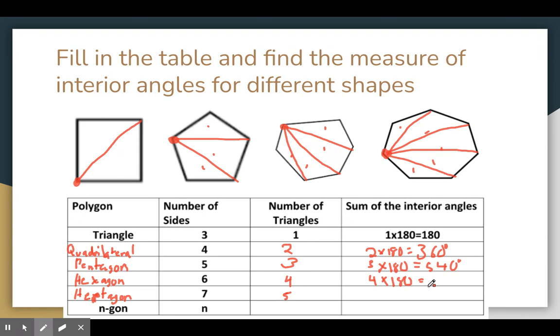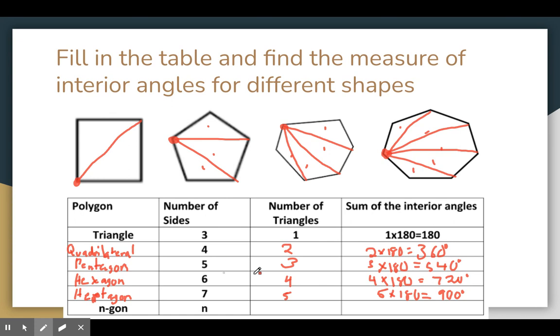So 4 times 180 gives us 720 degrees, and 5 times 180 is equal to 900 degrees, right? So that means you can always figure out how many degrees are in whatever shape you want if you know how many sides are in it.